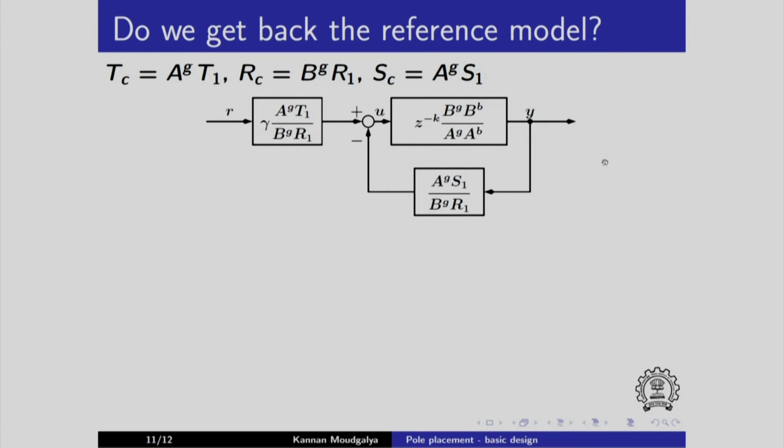So here is the 2-DOF controller, and we have put BG, BB and so on here, where we have substituted for TC, RC and SC as given in the first line.